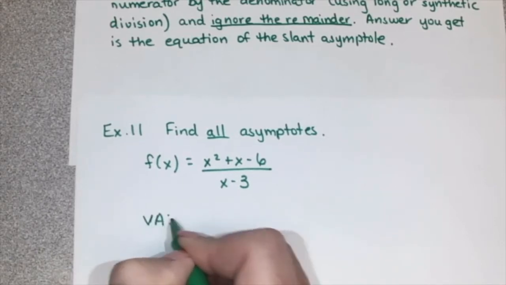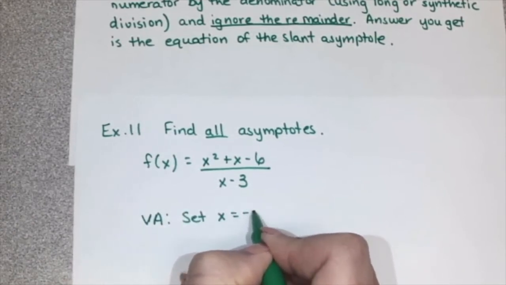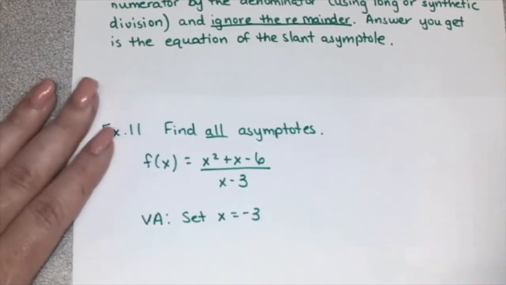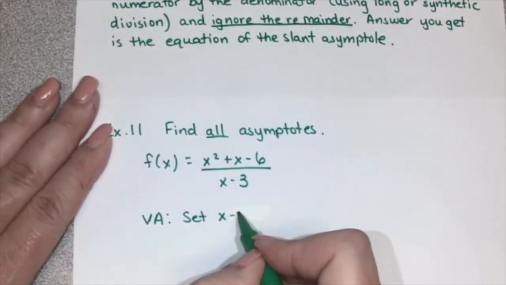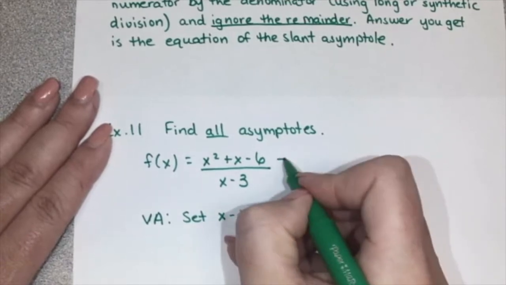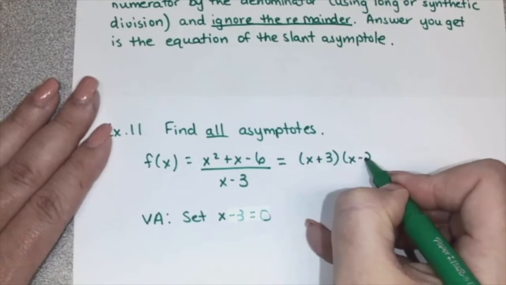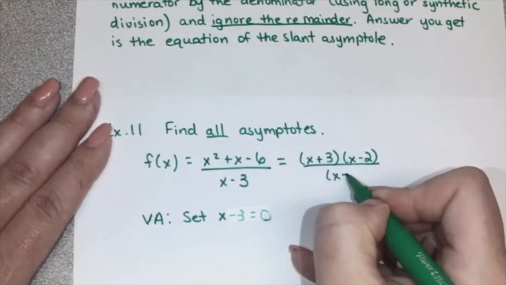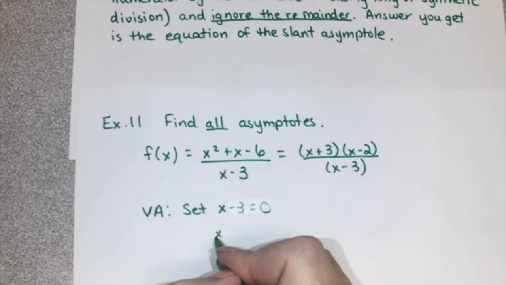For vertical asymptotes, I just need to set the denominator equal to 0. Sorry, x minus 3 equal to 0 is what I meant to write there. By the way, you can simplify this if you'd like, but notice that it doesn't factor into anything that would simplify. So I mean, it's worth writing down, right? We got x plus 3, x minus 2, but nothing cancels out. So we just set x minus 3 equal to 0, and we get x equals 3.